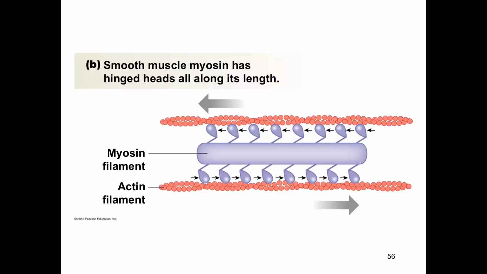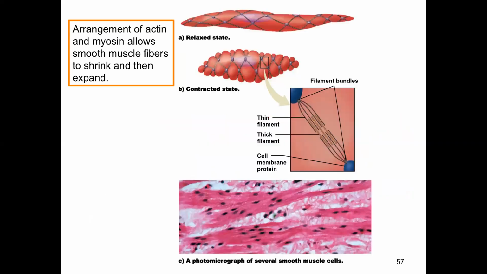First of all, the head groups on the myosin will walk in both directions along the actin. So this causes a weird shrinking of the cells, so that the filaments don't slide past each other. They actually shrink the cell. So the whole thing sort of scrunches, all right?